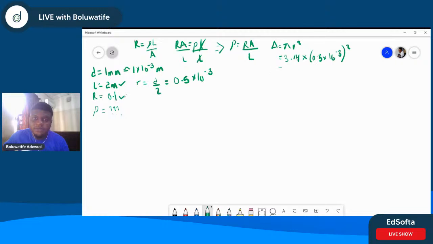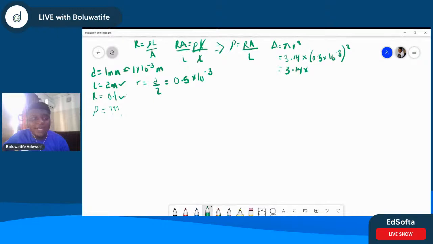Okay, which is something like 3.14 times. Now I don't even need a calculator to know this. I know that 5 squared is 25, but now I have 0.5 here.